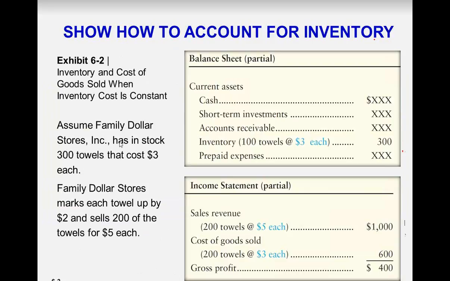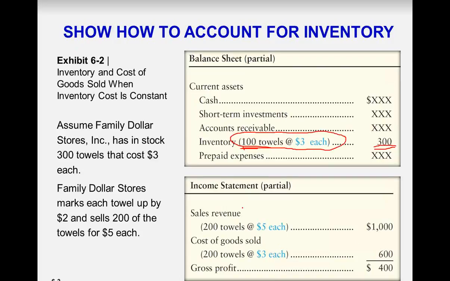So how are we going to account for this inventory? Basically, if I had inventory and it was 100 towels at $3 each, so the amount of inventory I have is 100 units, they cost me $3 each, which makes my total cost in inventory, and the amount that actually shows up on my balance sheet in my inventory, $300.